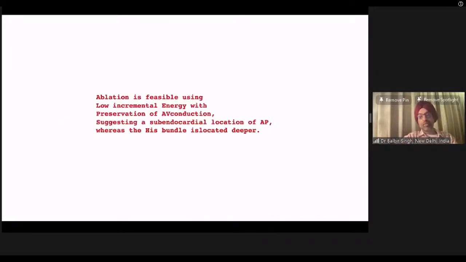And this was the conclusion that ablation is feasible using low increment in energy with preservation of AV conduction, suggesting a subendocardial location of accessory pathway, while His bundle is located much deeper. So it is possible to ablate.